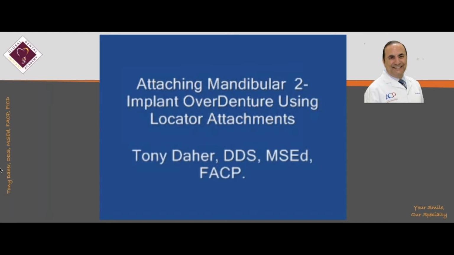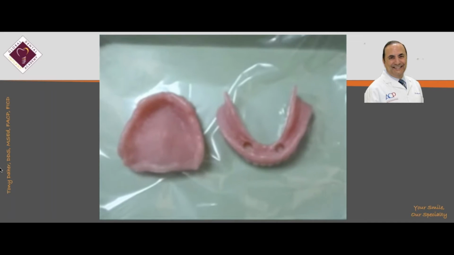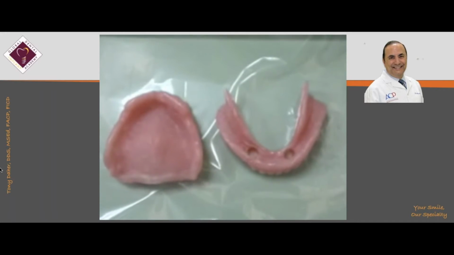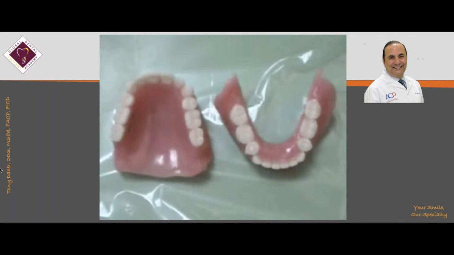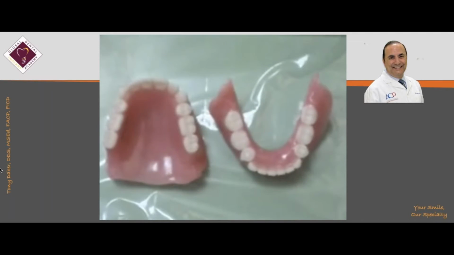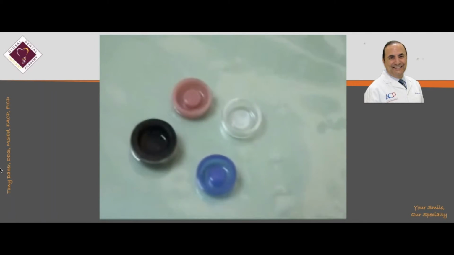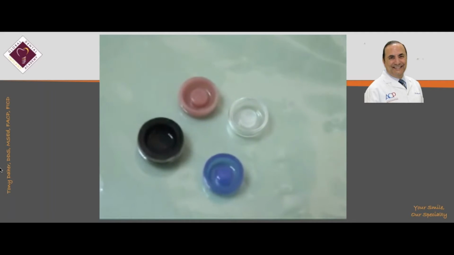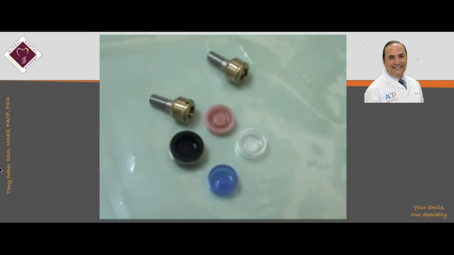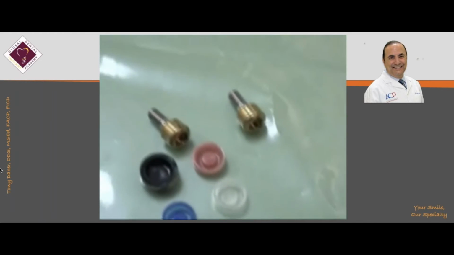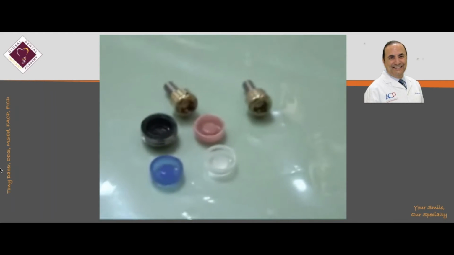So I want to show you how I attach the denture to two locator abutments. So you have a metal housing with a black plastic insert, and then you have the three different retentive clips.